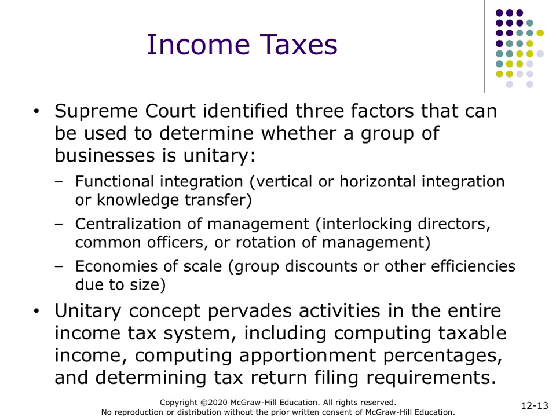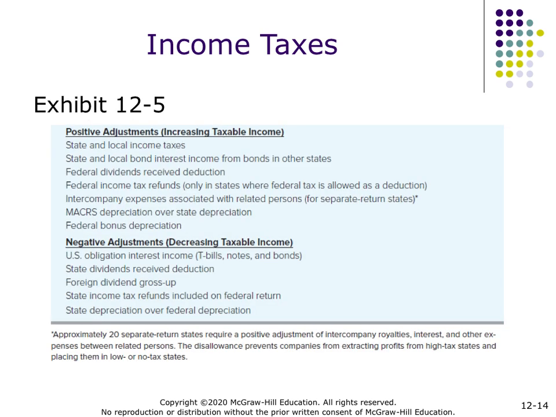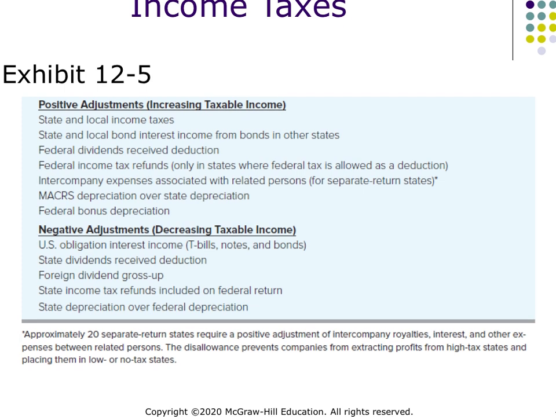An example of a very common adjustment is interest income, because states don't tax federal interest income. All of your states are going to require a negative adjustment for federal interest income. And then here is a pretty good list of some common adjustments.